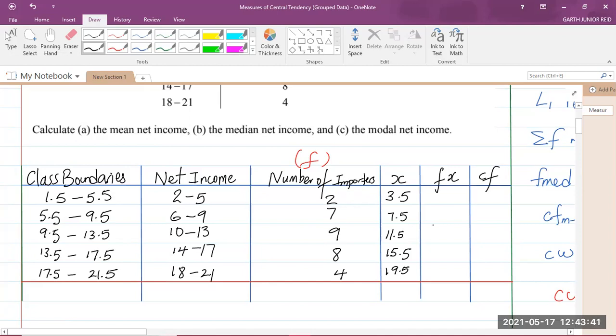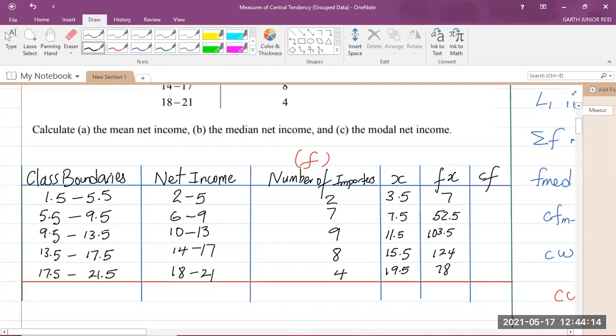It's 2 times 3.5, that's 7. 7 times 7.5, that's 52.5. 9 times 11.5, that's 103.5. 8 times 15.5 is 124. 4 times 19.5 gives us 78. So that is fx.